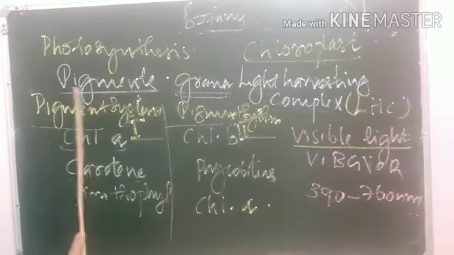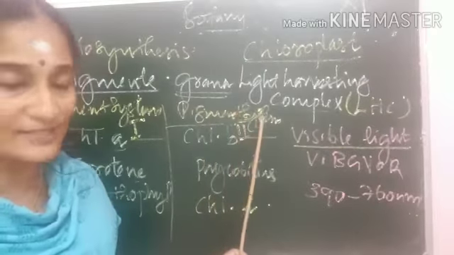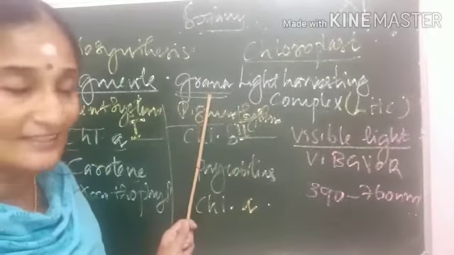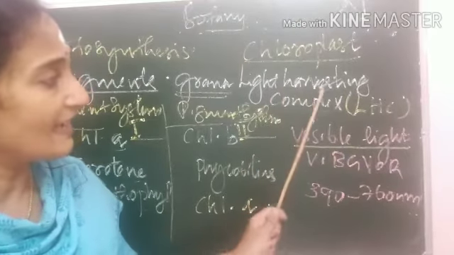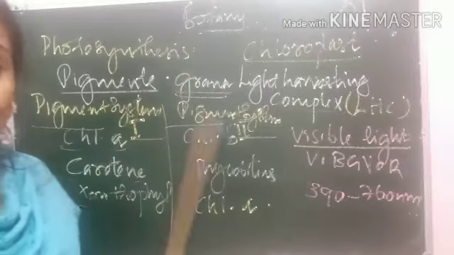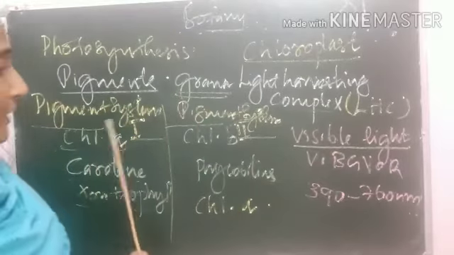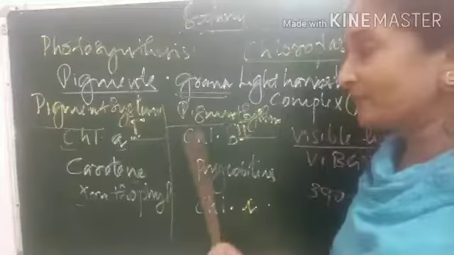So I repeat, the pigments are the light absorbing molecules present in grana. They are together called LHC, the light harvesting complex. These pigments are of two types: pigment system 1 and pigment system 2.